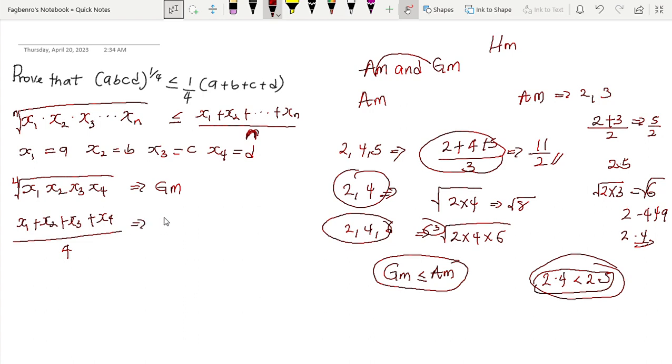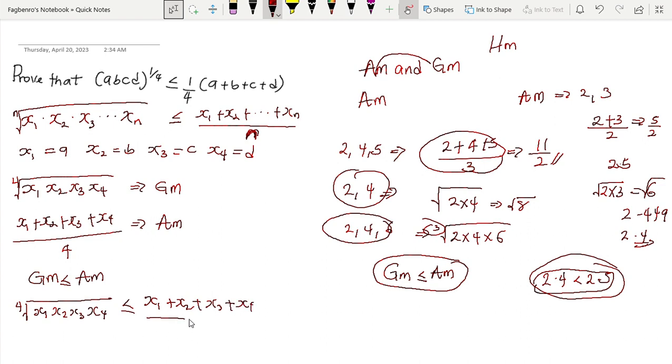That will be your AM. And we know that GM is less than or equal to AM, which implies that the fourth root of x1, x2, x3, x4 will be less than or equal to x1 plus x2 plus x3 plus x4, everything over 4.